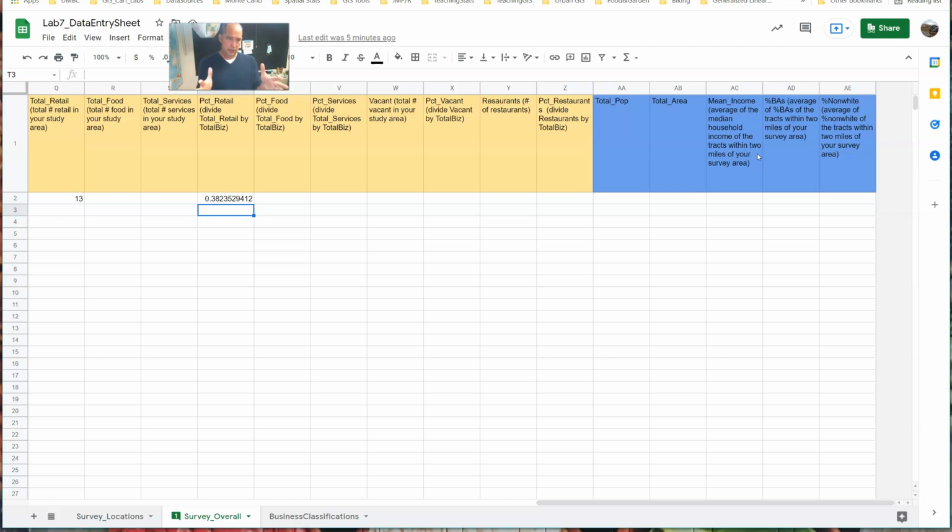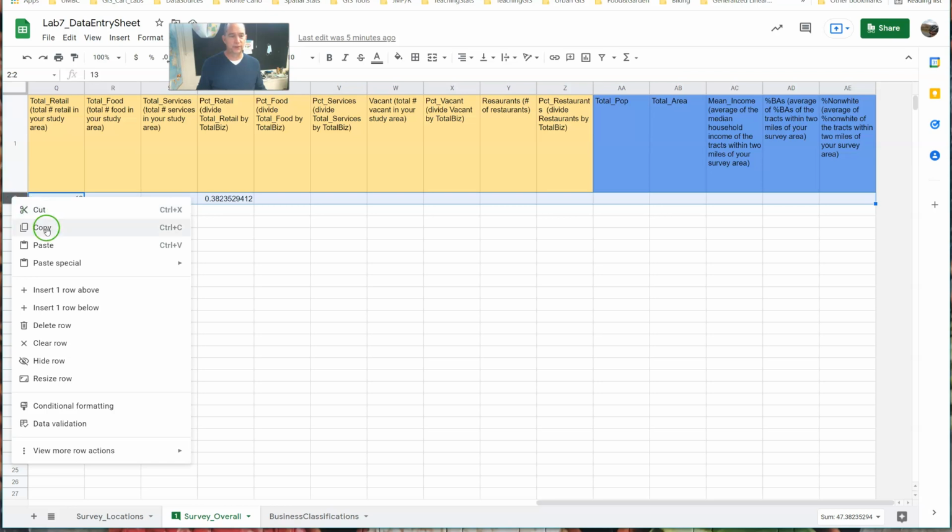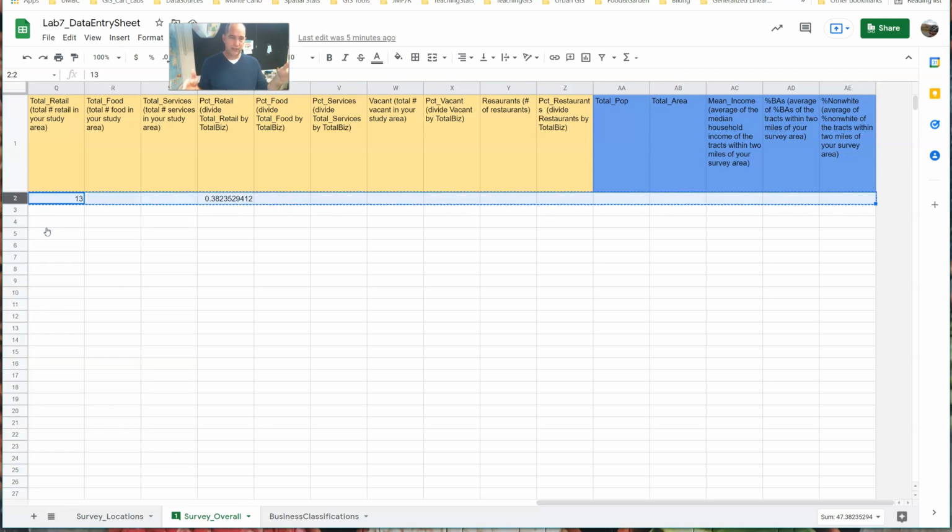Now in the lab document, there is an instruction for, once you have this row completely populated, take it, copy it by right-clicking in row 2 and saying copy, and paste it into a version of this file that is for the entire class to drop their data into. There's a link to that in the lab document.